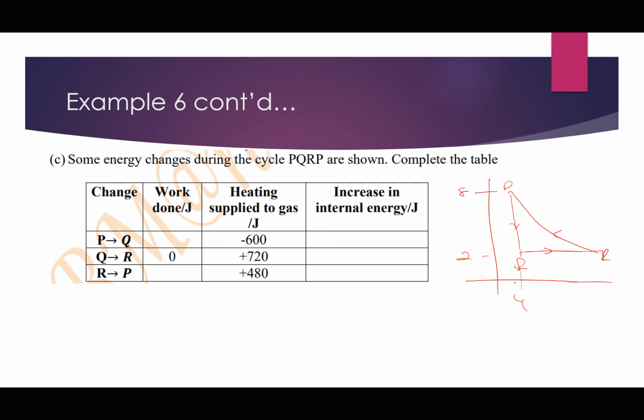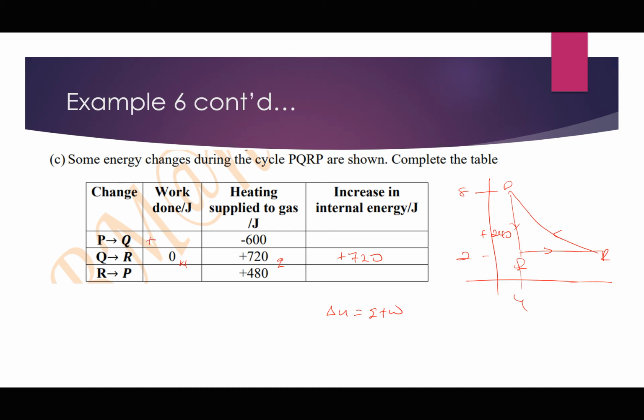Remember, this is W, this is Q. If this is 0 and this is plus 720, the change in internal energy is always going to be Q plus W. So this should be plus 720. That is obvious. This one from P to Q, we have calculated in the previous question as 240, and it was positive because work is done on the gas.